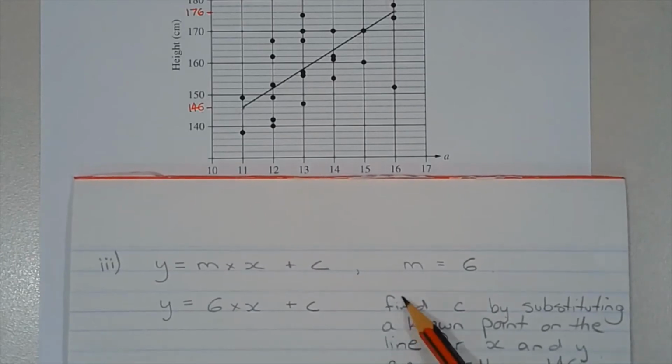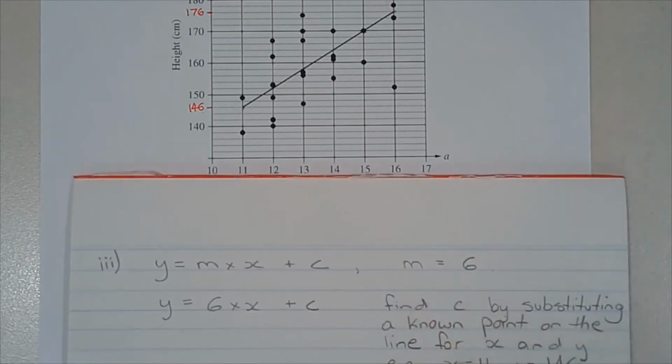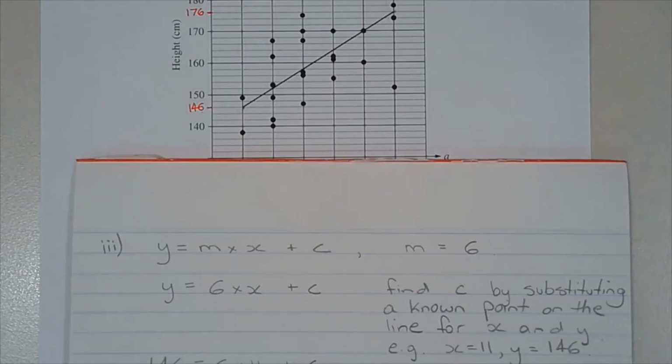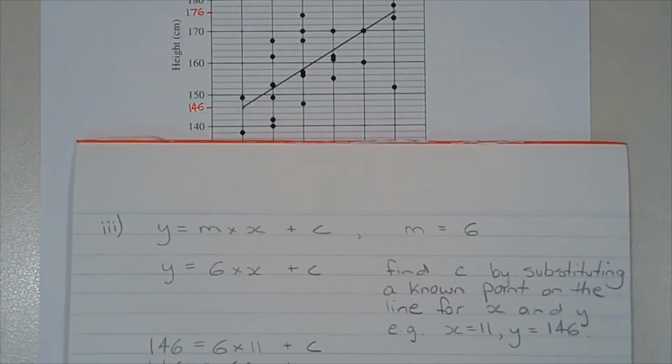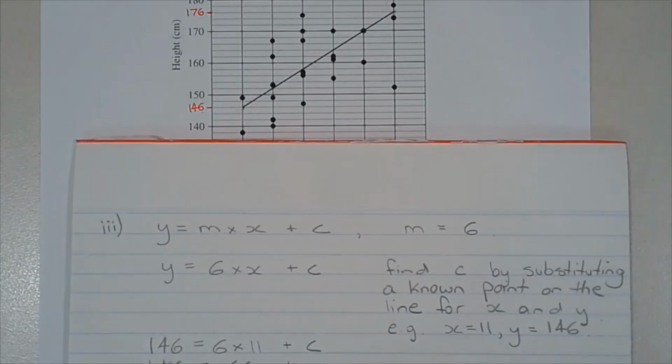And we need to find c by substituting a known point on the line for x and y. So for example, I could use the point x equals 11, y equals 146, and that's this point here. And then solving for c. So y equals m multiplied by x, so substituting 146 for y, and 11 for x.